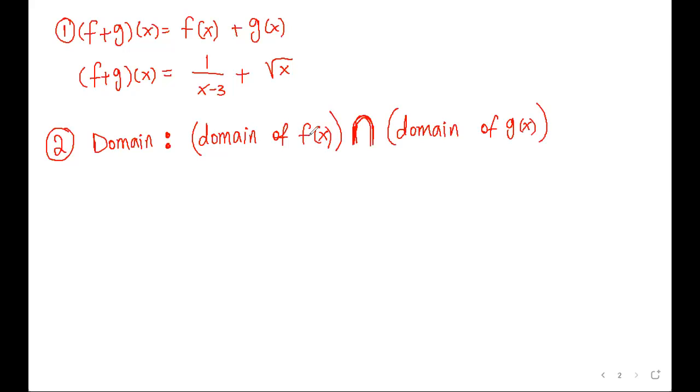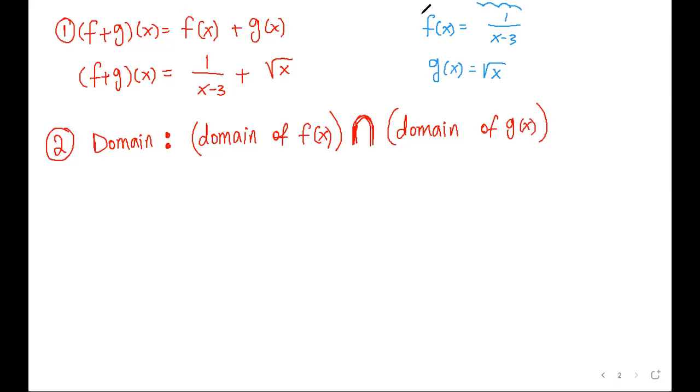So what's the domain of f(x)? f(x), by the way, is 1 over x minus 3. Let me write it again here: f(x) is 1 over x minus 3, and g(x) is square root of x.